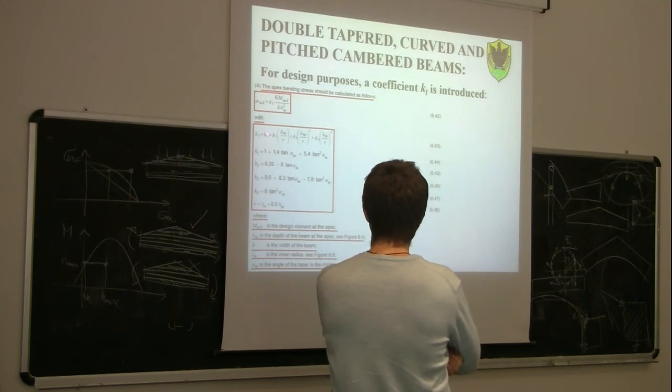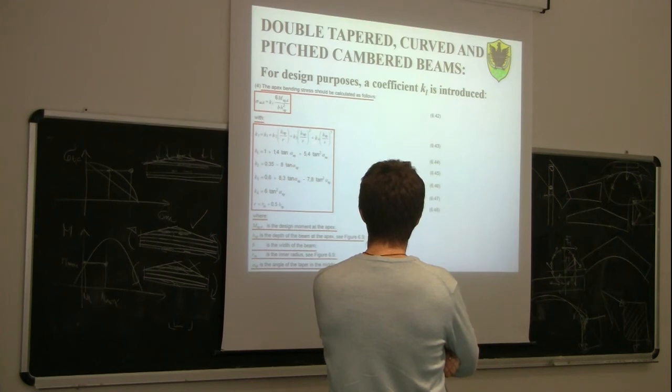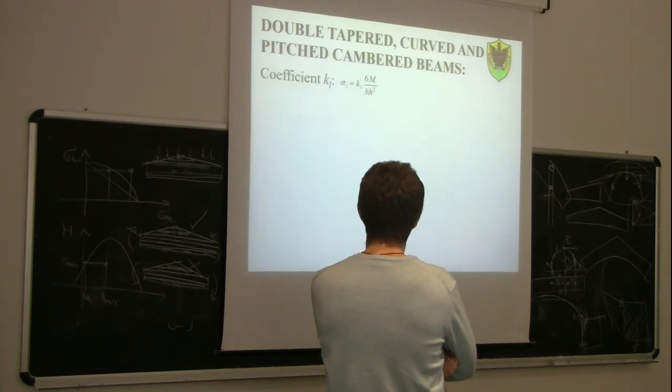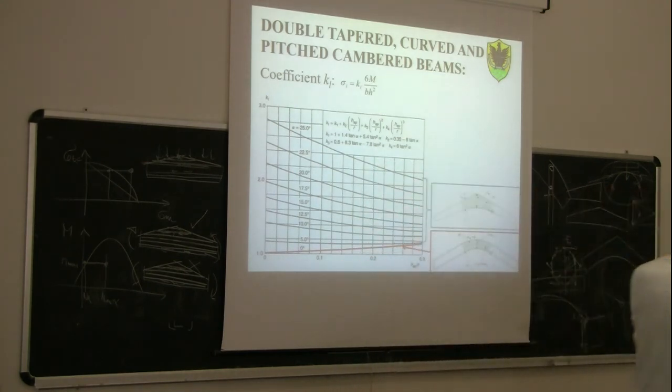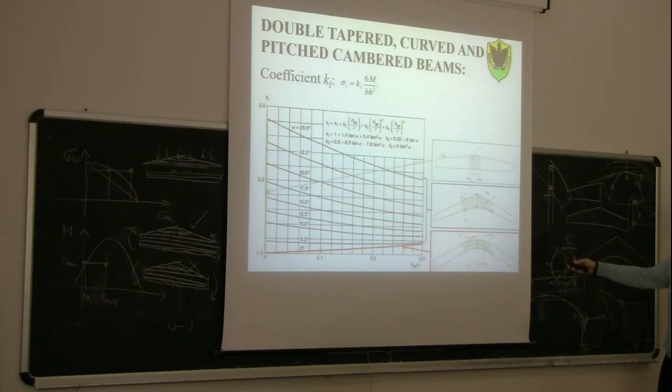So kl depends on the four coefficients k1, k2, k3, and k4. K1, k2, k3, k4, as you can see here, depend on tangent of alpha ap. Alpha ap is the inclination of this line with respect to the horizontal one. In the case of a tapered beam, it is the inclination of the tapering. So it would be basically this.